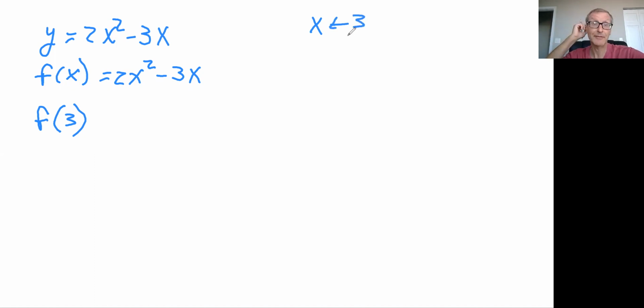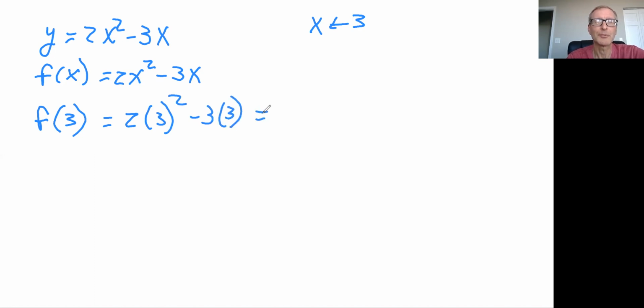So it's just like evaluating the equation where we said x equals 3 in the top equation, right? So you would do 2 times 3 squared minus 3 times 3. So that would be 18 minus 9. And so that answer would be 9.